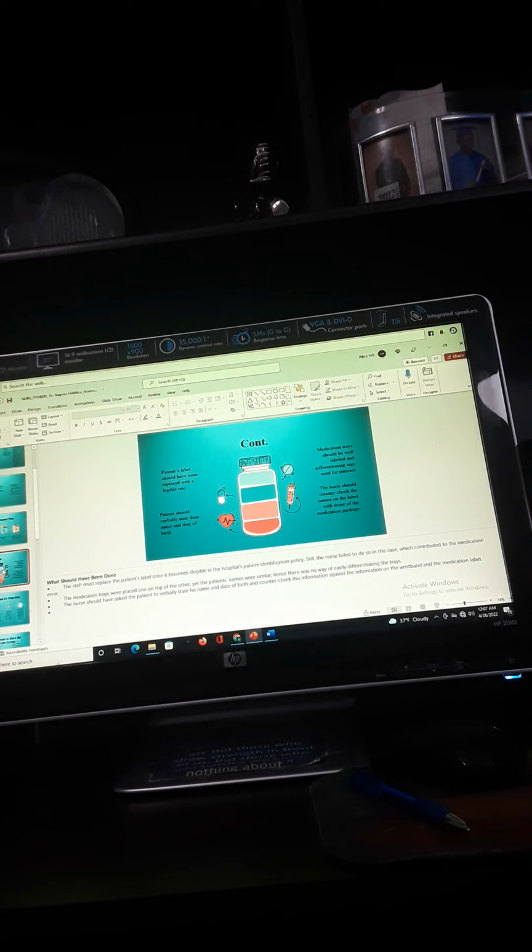The medication trays were placed one on top of the other, yet the patients' names were similar, hence there was no way of easily differentiating the trays. The nurse should have asked the patient to verbally state his name and date of birth, and countercheck this information against the information on the wristband and the medication label.